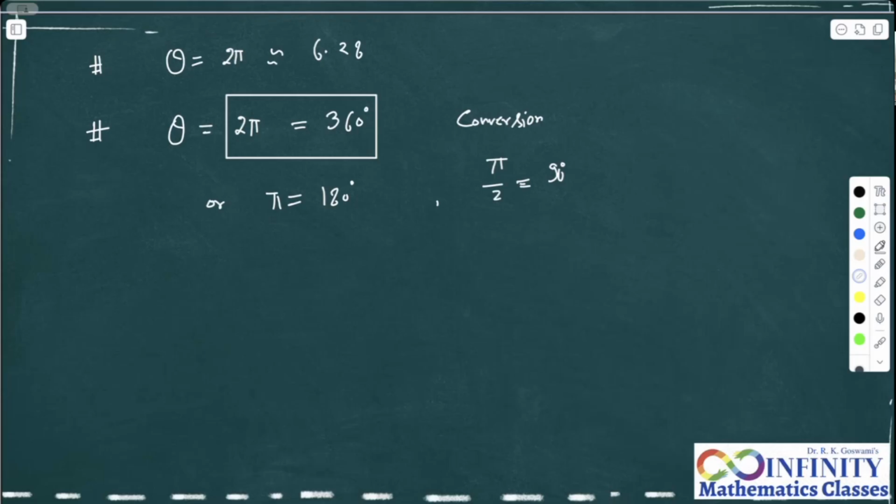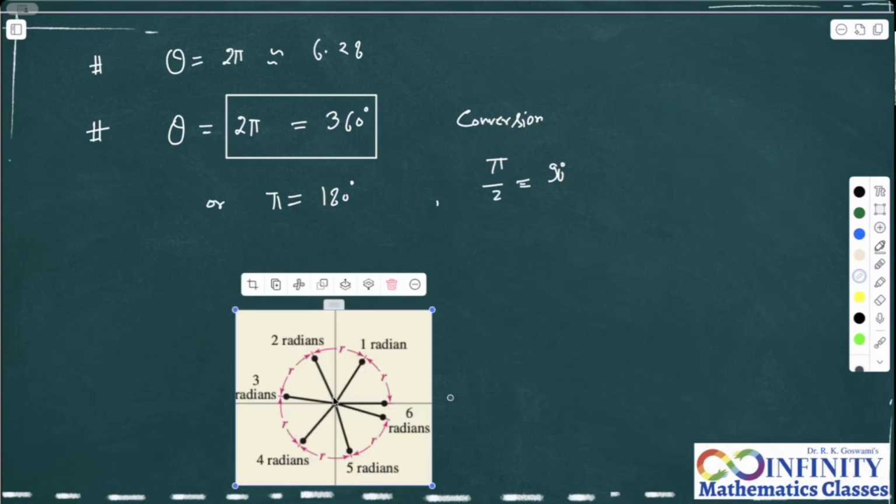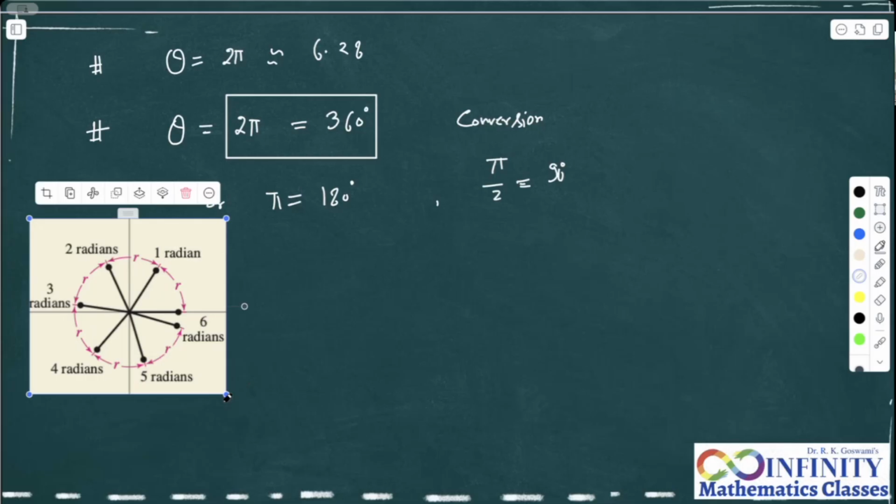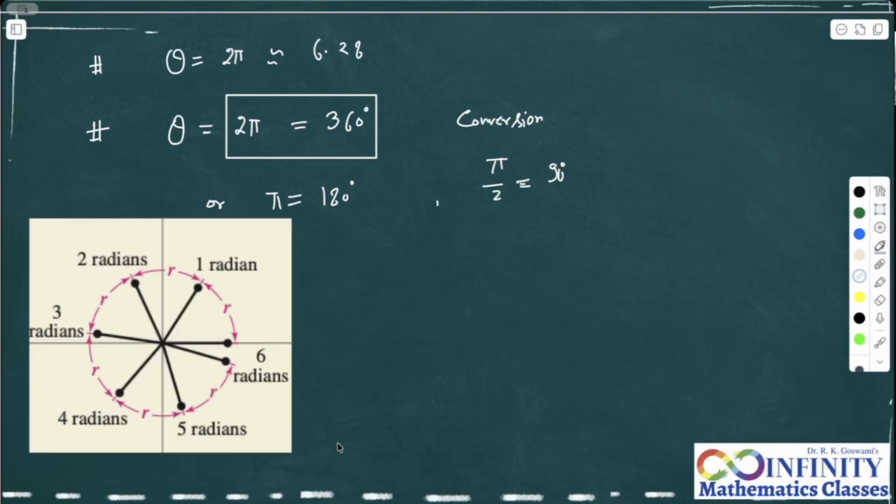Now just consider the figure. I discussed 1 radian. So what is 1 radian? When the arc length is going to be r, whatever the central angle based on this arc, this is going to be 1 radian.